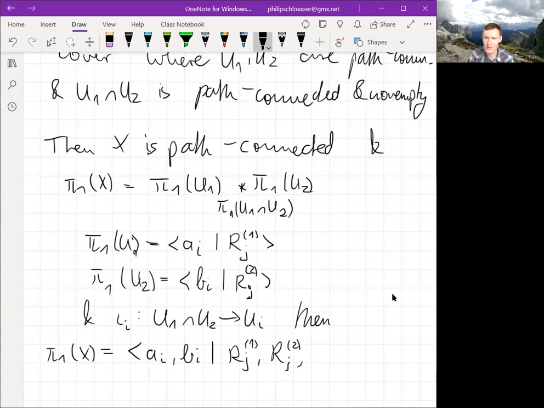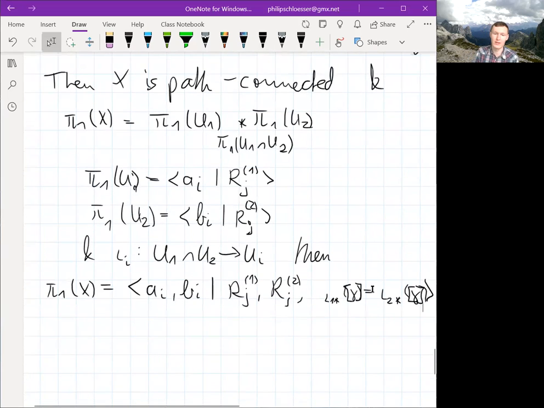And the additional relation that the push forward of iota 1 of gamma is equal to the push forward of iota 2 applied to, well, not gamma, but the equivalence class of some path, for every path gamma inside the fundamental group of U1 cap U2.